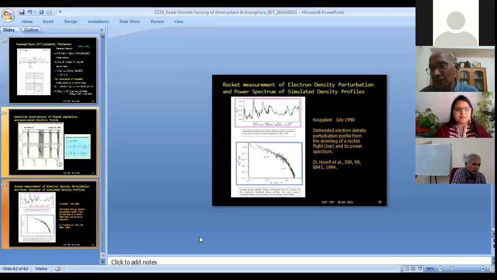Just like when you Fourier analyze a fluctuating signal in time, you get many frequency components, here you will have wavelength components along the line of sight.